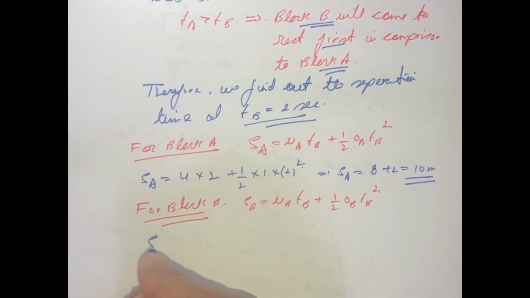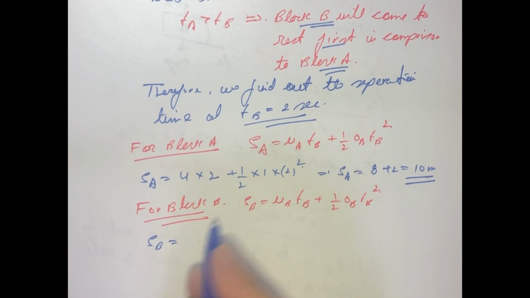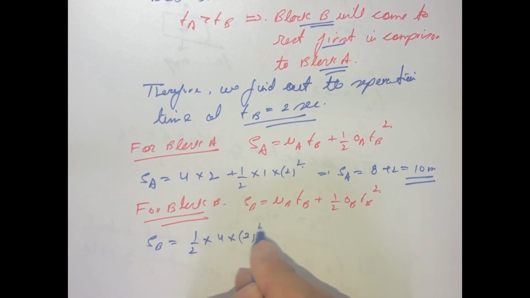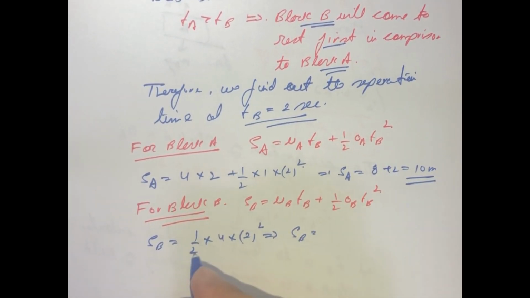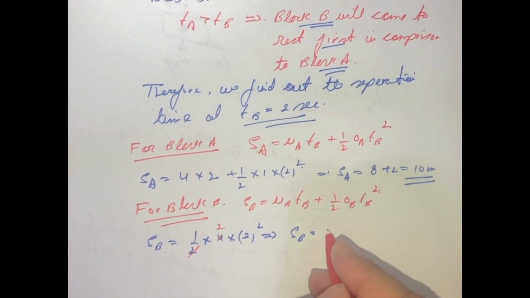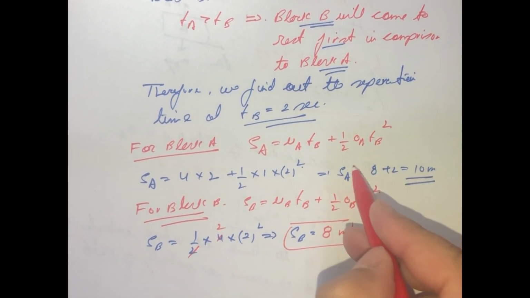Its initial velocity is 0, so we get half, acceleration AB was 4 and this is 2 square. So SB will be equal to 2 times 4, that is 8 meters.